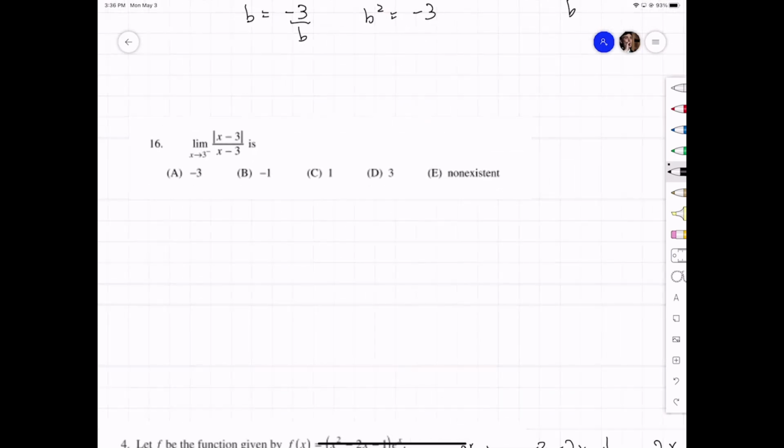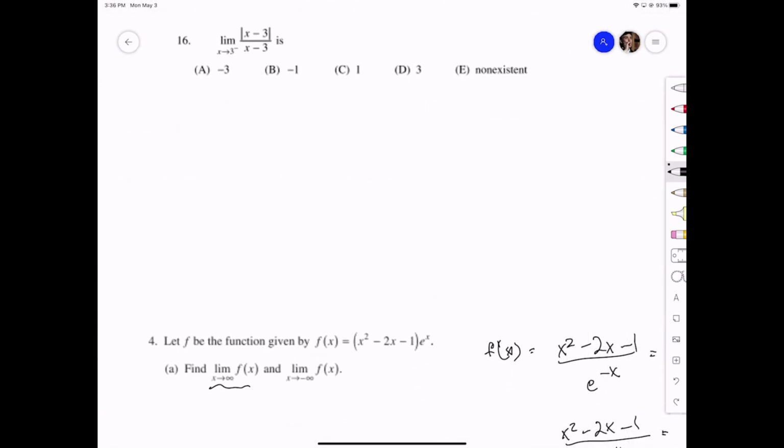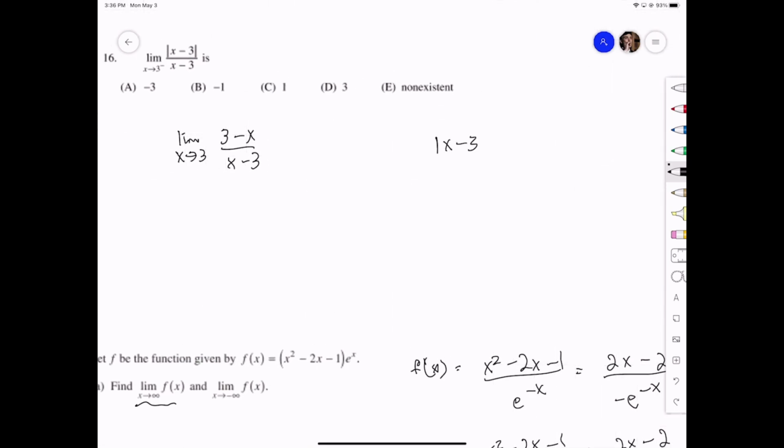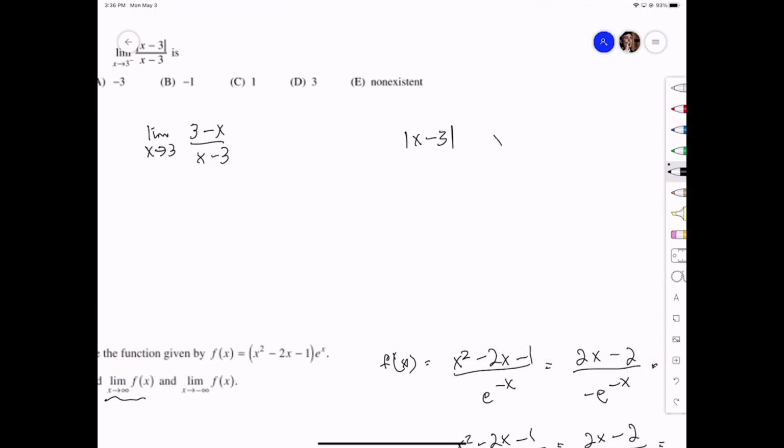Okay. And the limit as x approaches 3 from the left of the absolute value of x minus 3 over x minus 3 is. Okay. So when you approach 3 from the left, you can rewrite this as 3 minus x over x minus 3. Because the absolute value of x minus 3, when x is less than 3, is 3 minus x. But when x is greater than 3, it's x minus 3.